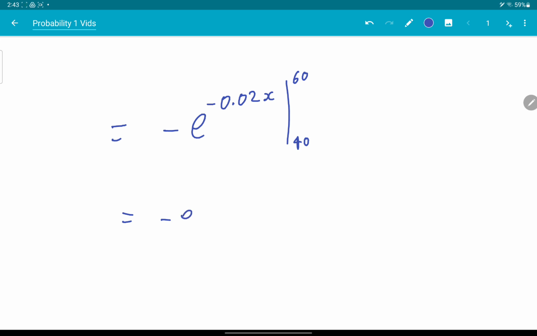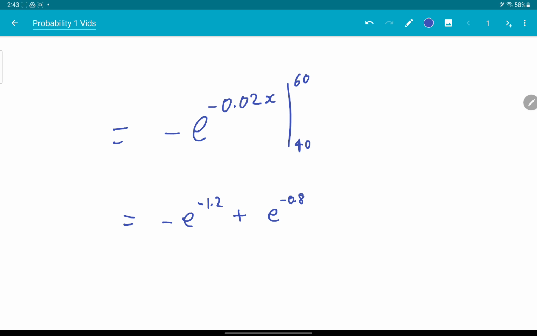We get negative e to the negative 1.2 plus e to the negative 0.8. This is a plus here because of a double negative, right? You have the negative that appears in your antiderivative, and you also have the negative that appears in the fundamental theorem of calculus formula.